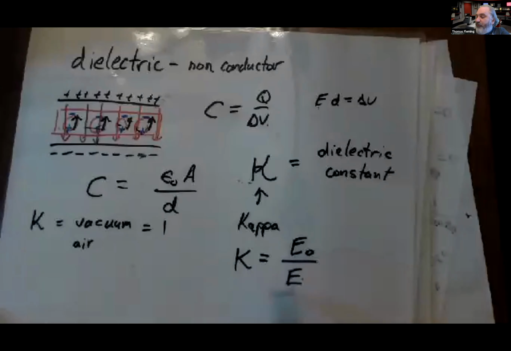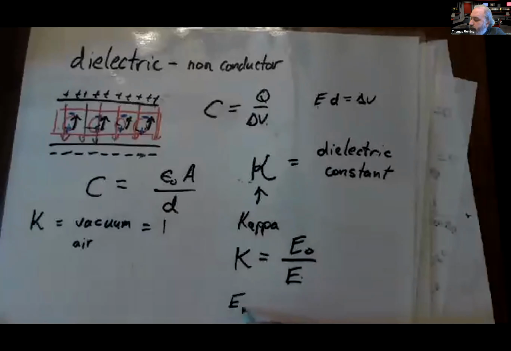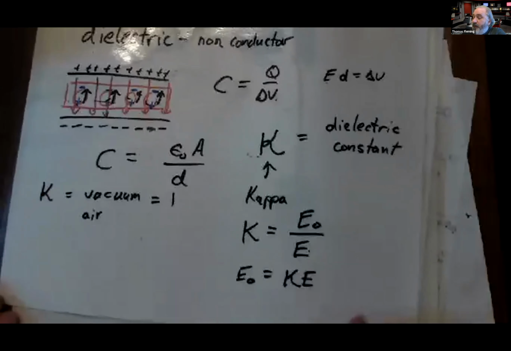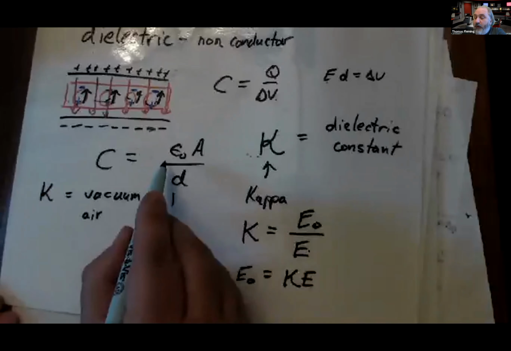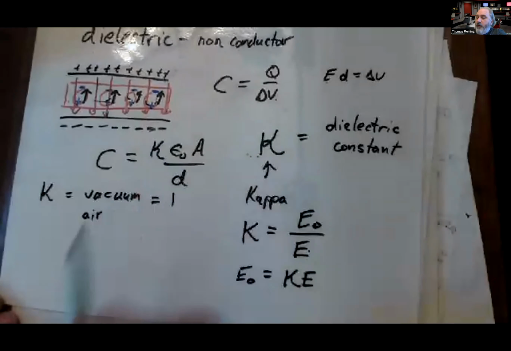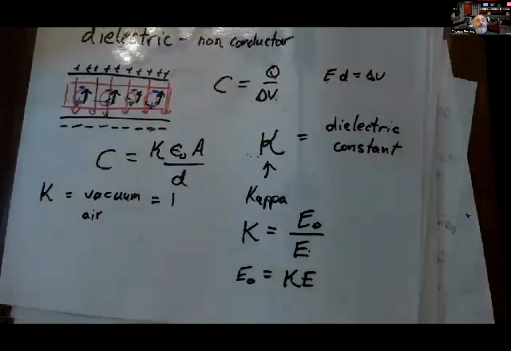Now, how does this affect the value of C? Well, if I rearrange this, because kappa plays the role of a multiplier effect, it's going to play the role of a multiplier effect here as well. And in fact, all we have to do is just multiply by kappa.